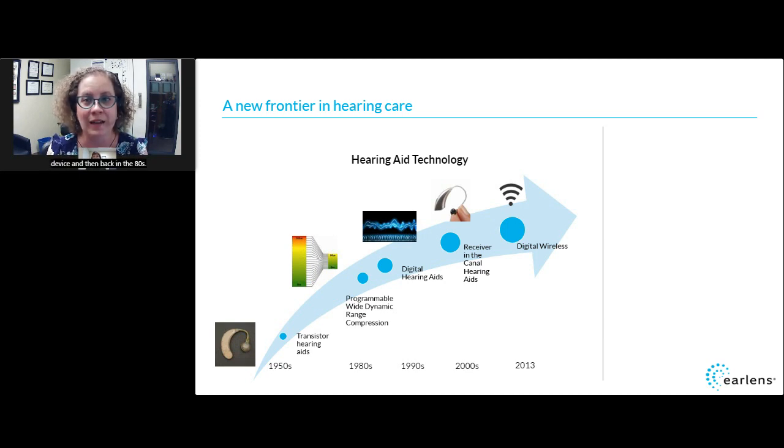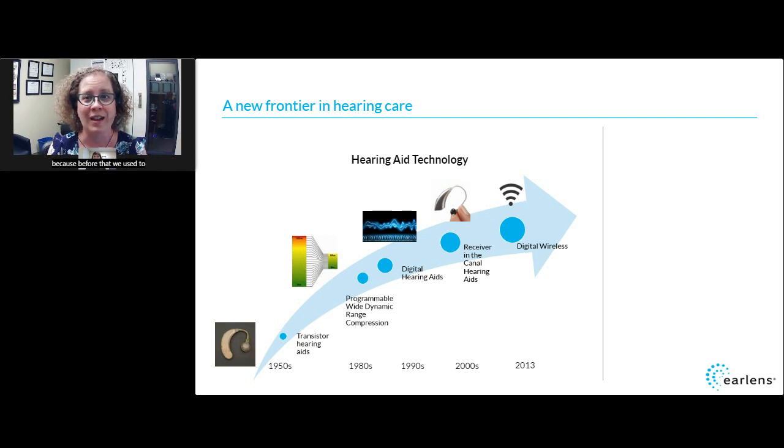And then back in the 80s, they came out with hearing aids that employed a type of speech algorithm known as wide dynamic range compression. And what that simply means is to amplify the soft sounds of speech, keep moderate average sounds of speech comfortable, and apply some compression on some of the loud sounds that we hear in our everyday lives. And then also in the 80s is when we came out with hearing aids that were actually programmable on a computer.